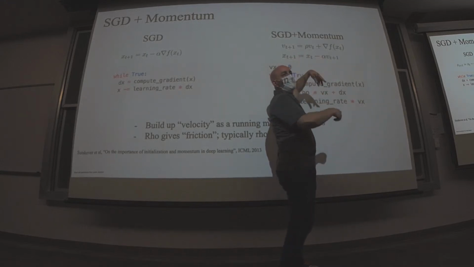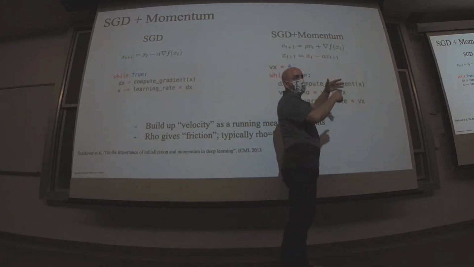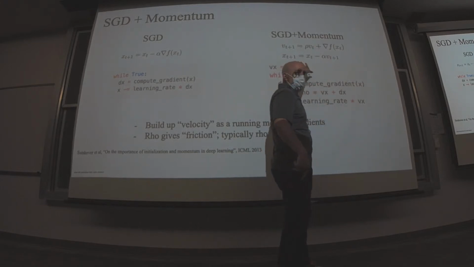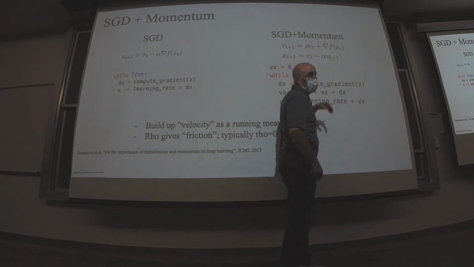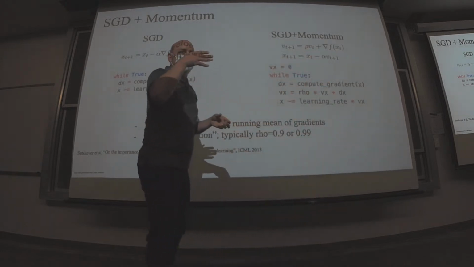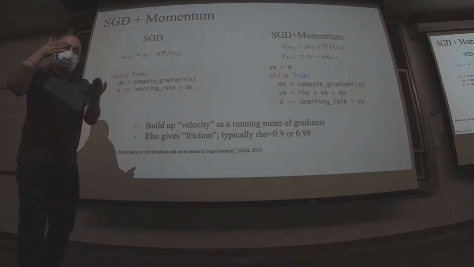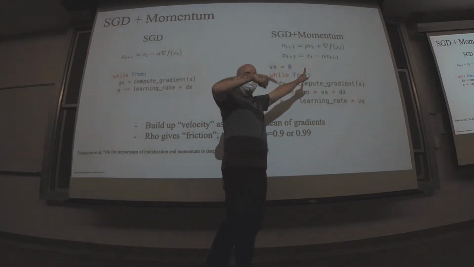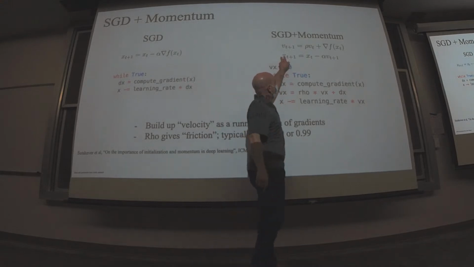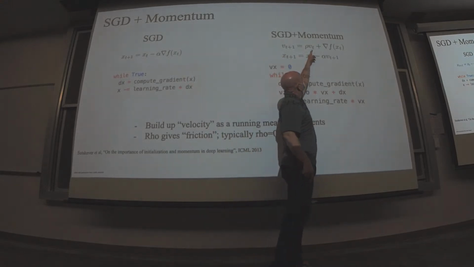Then V3 has V2 in it, which has the first 2 gradients, and then the third gradient. What's happening each time you multiply all of this by rho is that it's not just the gradient in it, but the gradient with some power of rho, right?